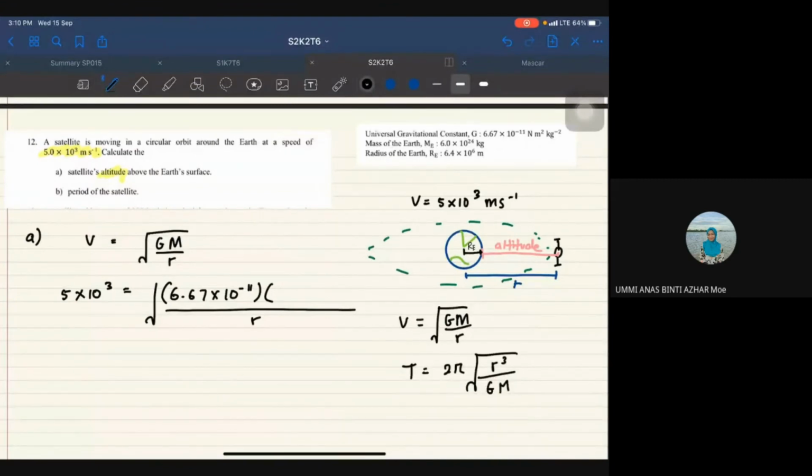Huruf besar, huruf kecil? Besar. Besar tulisan saya tu lebih kurangnya besar dan kecil, tapi sebenarnya dia adalah huruf besar. So kalau huruf besar, maksudnya dia adalah mass yang besar ataupun mass yang menarik benda tu, ataupun mass source of gravity, which is obviously yang Earth tu lah. So kamu boleh bayangkan lah, kalau dalam exam kamu confused, fikir balik macam tu. So this one will be 6 times 10 to the power of 24.